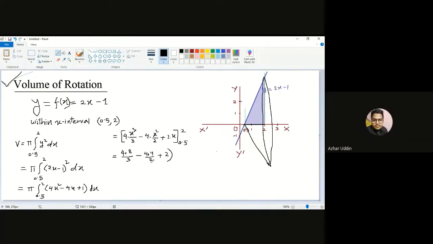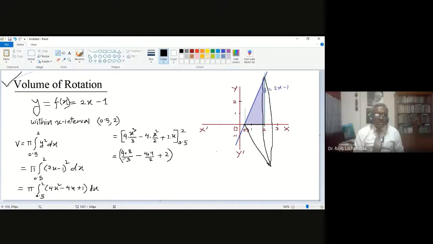So where is the pi? Oh yes, yes. Pi will be in the beginning. Yes, you are right. So there will be a pi at the front. So you put 0.5 now and keep pi in the beginning.